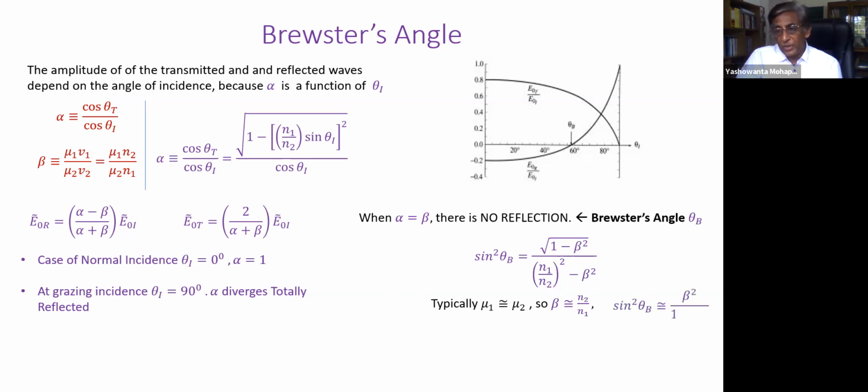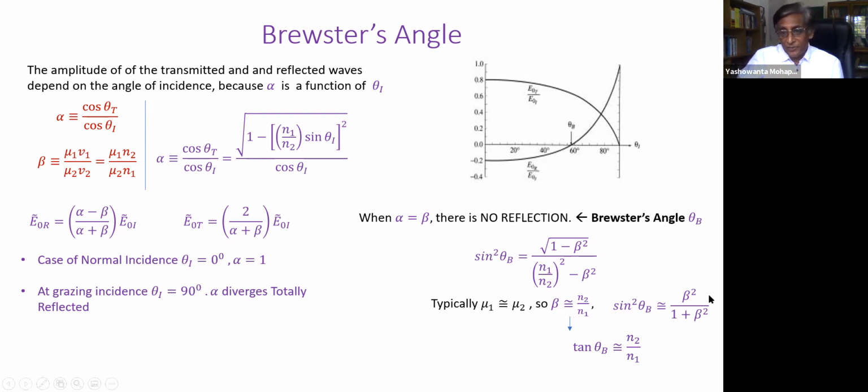And sine squared theta b can then reduce to approximately beta squared by 1 plus beta squared, which can now be converted into tan theta. So tan theta b is nothing but n2 by n1. So the Brewster's angle for any pair of dielectrics can simply be obtained by n2 by n1.